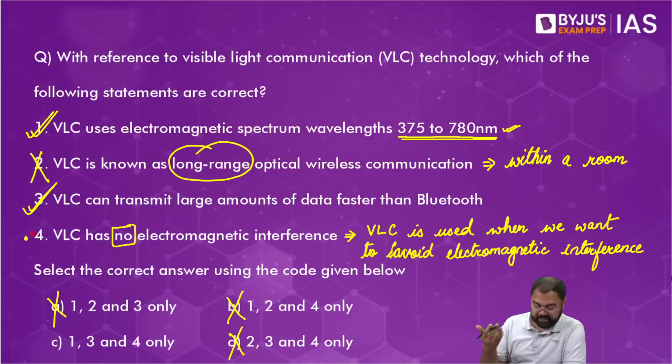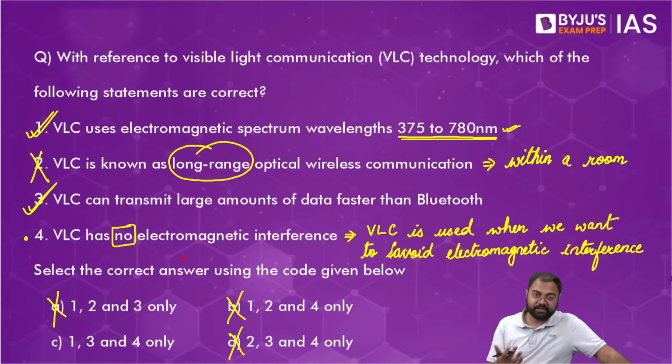But the way they have asked this question, I think it's about the interpretation. When they say no electromagnetic interference, they wanted to basically ask something that we discussed, that when you don't want any interference, this is where you use Li-Fi. So the correct answer from that perspective can be 1, 3 and 4. Otherwise, strictly speaking, I would say 1 and 3 only.